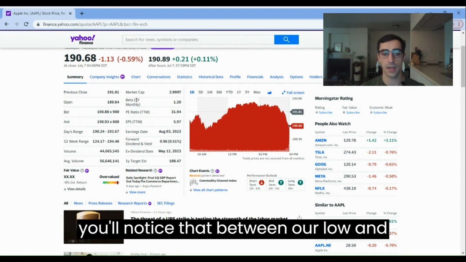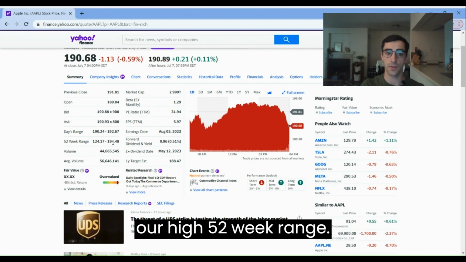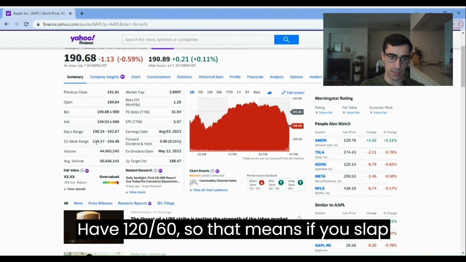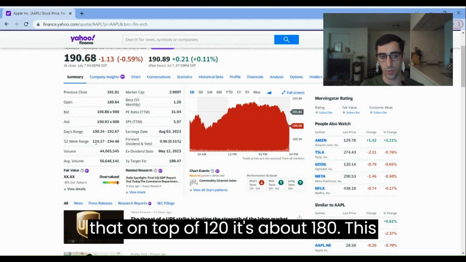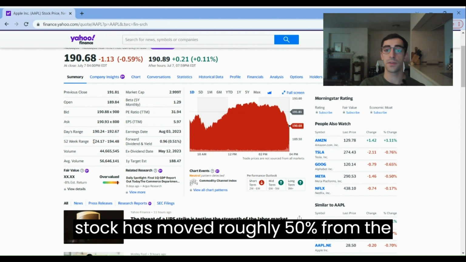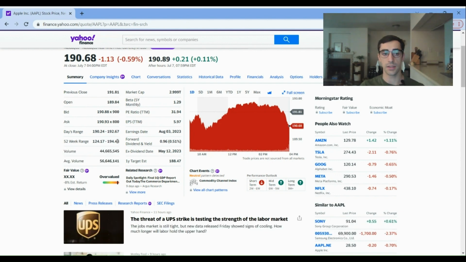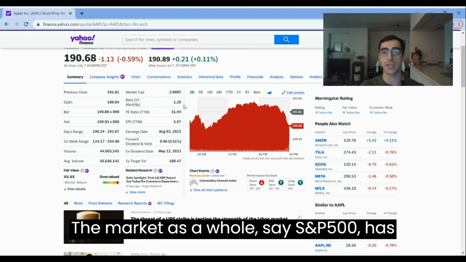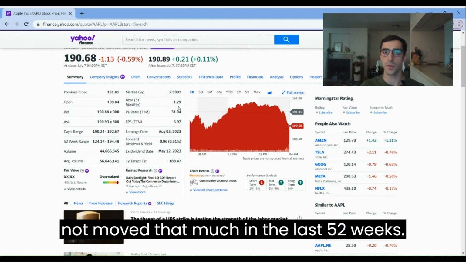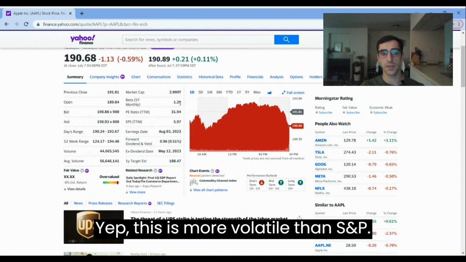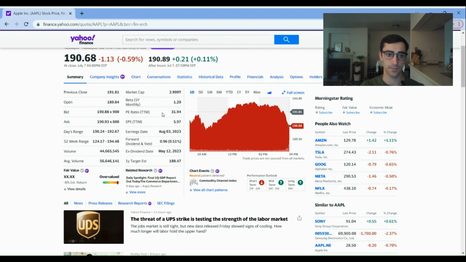And you will notice that between our low and our high for the 52-week range, half of 120 is 60. So if you slap that on top of 120, it's about 180. This stock has moved roughly 50% from the low up to the high. And the market as a whole, say the S&P 500, has not moved that much in the last 52 weeks.